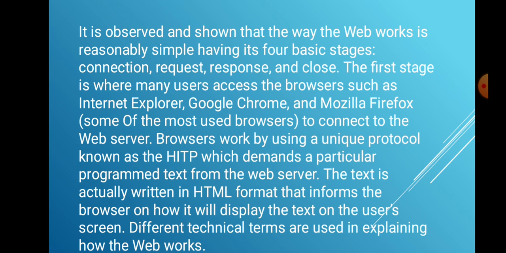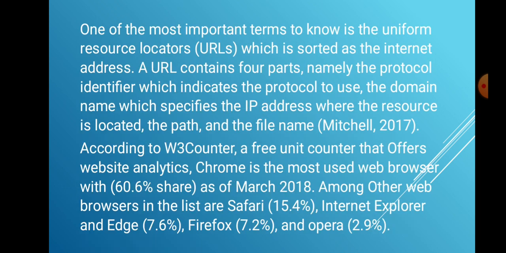Different technical terms are used in explaining how the web works. One of the most important terms to know is the Uniform Resource Locator, or URL, which is stored as the internet address.